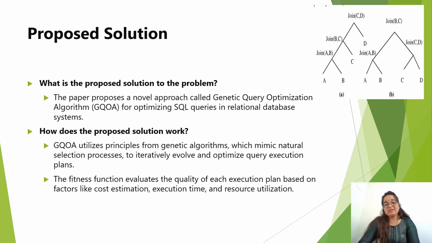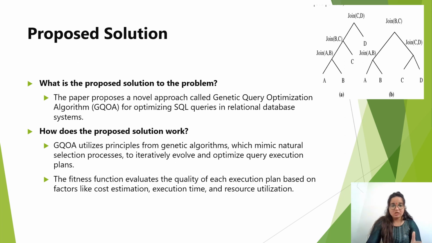It utilizes the principles of the genetic algorithm, which means a natural selection process, to evolve and optimize every execution step, so that each step is clearly passed through the optimization method or algorithm that he suggested in this paper.